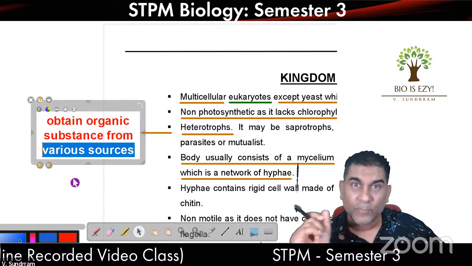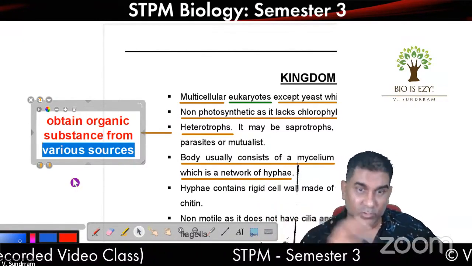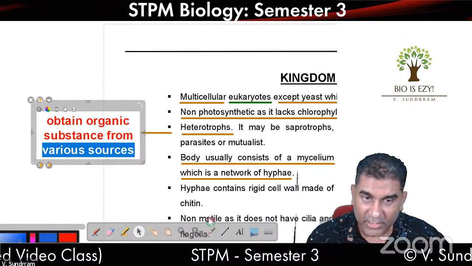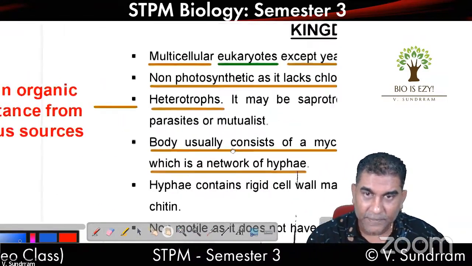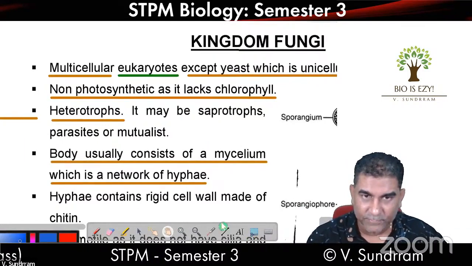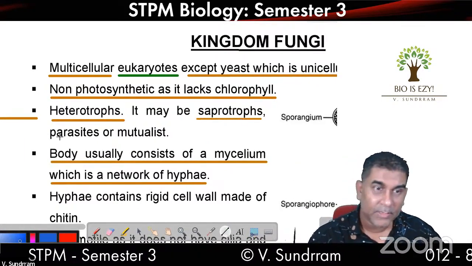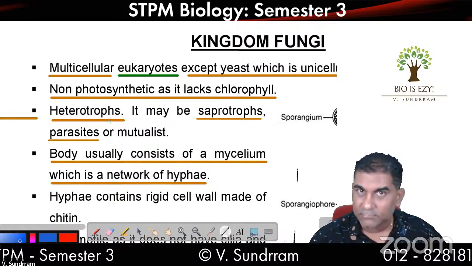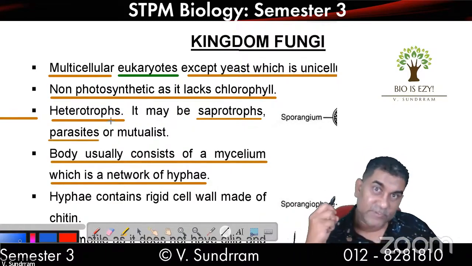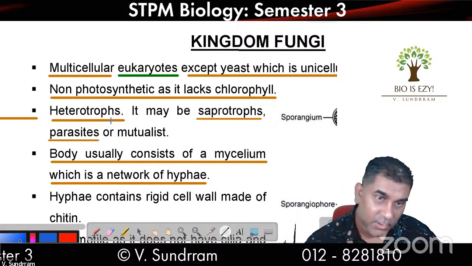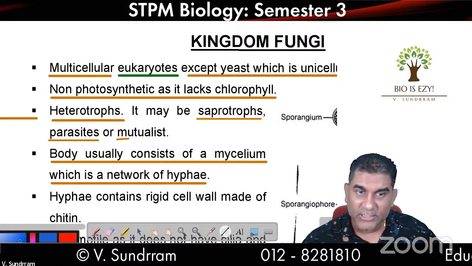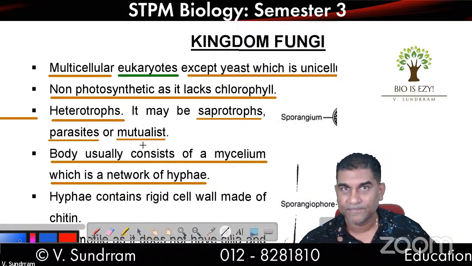Either they are decomposers or they are parasites most of the time. So here we have the names. They might be saprotroph, meaning they do decomposition. They might be parasite. They absorb organic substance from the host. Mutualists, they work together with another organism.